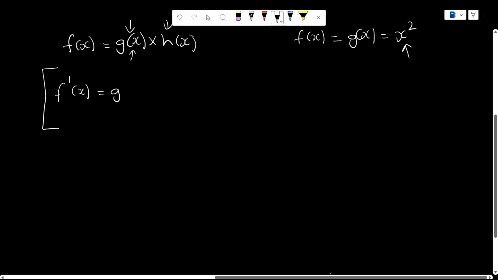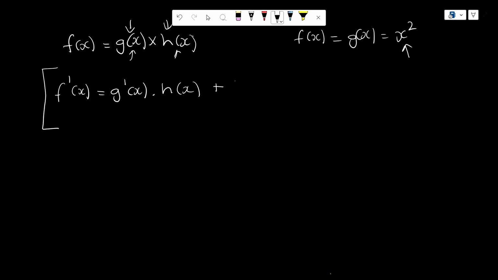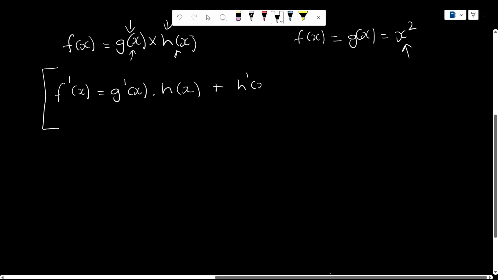So I could say the derivative of g x times this function here, h x, plus the derivative of h x times g x, right?